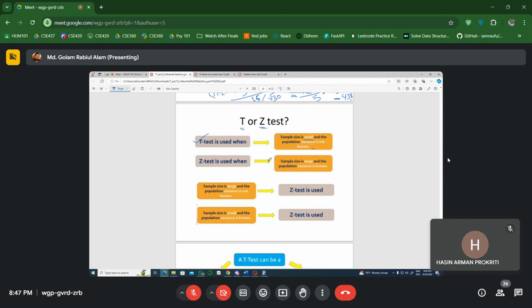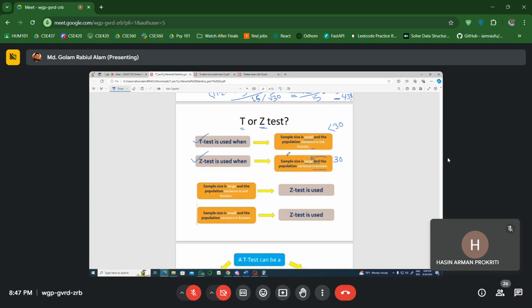And when the sample size is large and the population variance is known, then we have to apply the Z-test. Usually, we assume that a sample size of 30 or greater is a large sample size, and less than 30 is a small sample size.